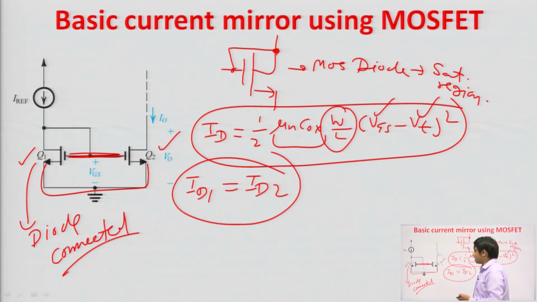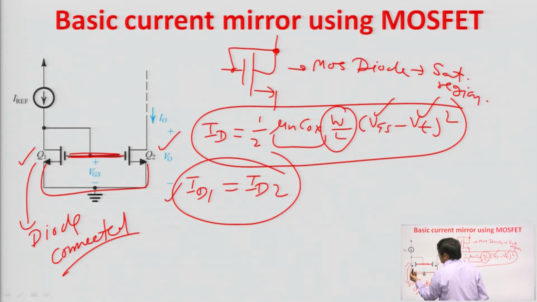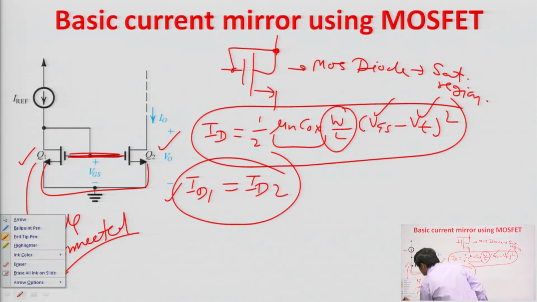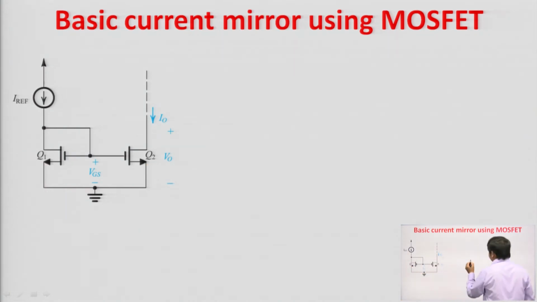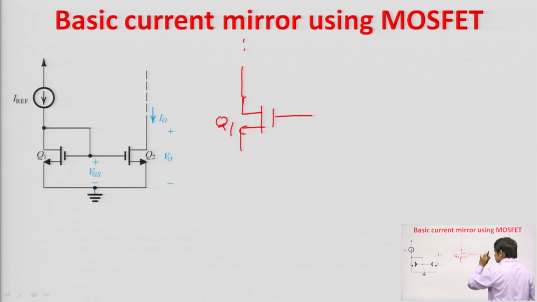Now, the question arises that if it is happening so, then why we have shorted the drain and gate terminal of Q1 transistor. So, let us understand why we have shorted it. See, consider the case, if this is not shorted, if Q1 is not diode connected, then what will happen?